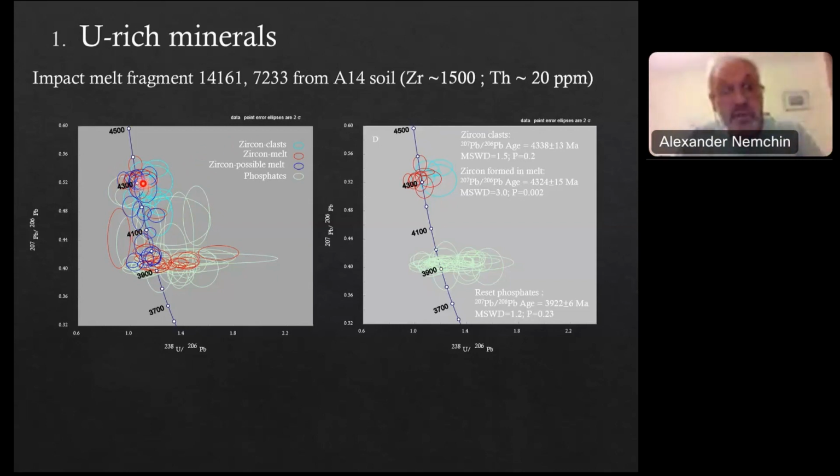But then there was a second event at around 3.9, and zircons were reset partly, but not as much as phosphates. So we can see these two events.